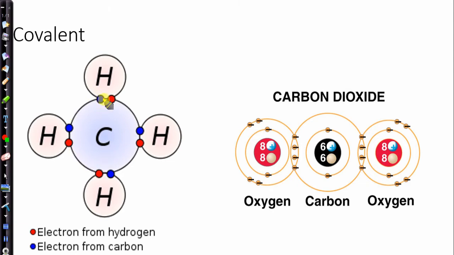And again, if you have some chemistry, you recognize that 8 is sort of a magic number in chemistry. But the point here is notice how the electrons didn't get transferred from carbon to hydrogen or vice versa. They're sort of in this middle zone, they're being shared. And this gives us a different kind of bond, a covalent bond. Rather than transferring and taking electrons one from another, they are sharing.